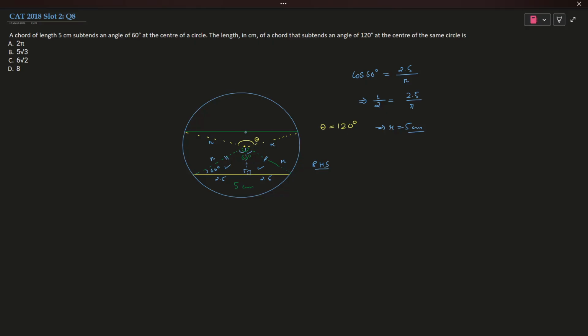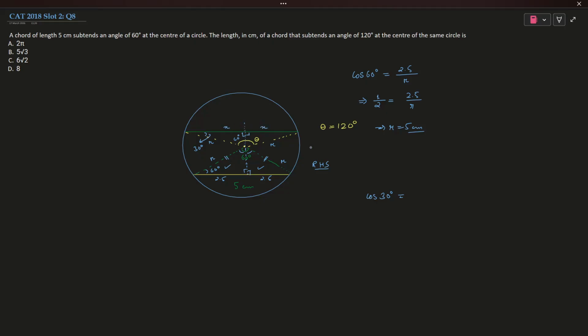Now, similarly, if I drop a perpendicular here, so this is also 90 degree. This was 120, so this is 60 degree. This angle is 30 degree. So let's say I take cos 30. Cos 30 is basically base by hypotenuse.